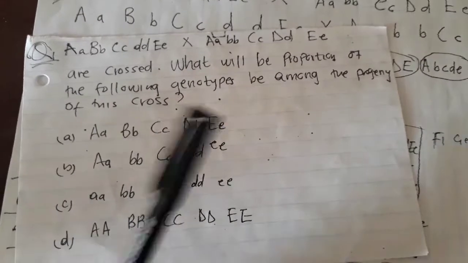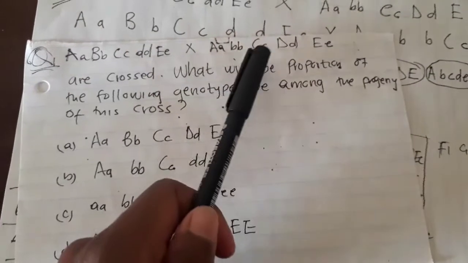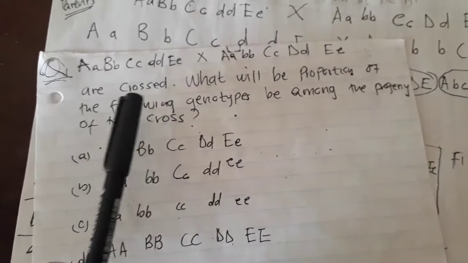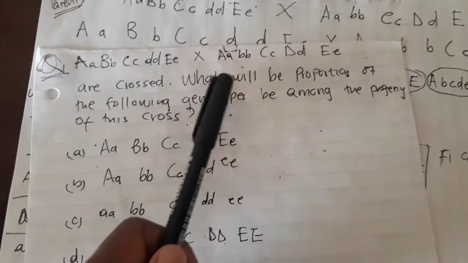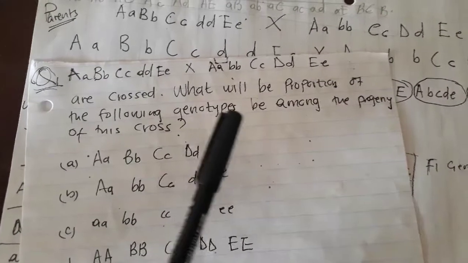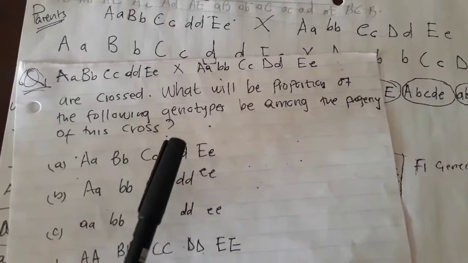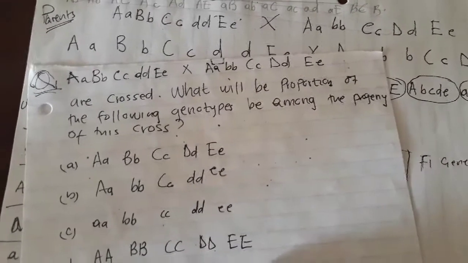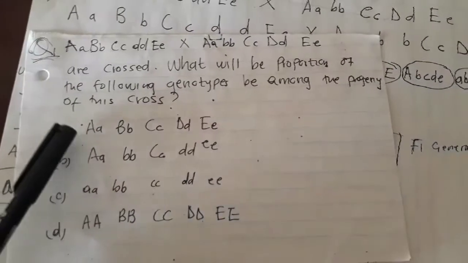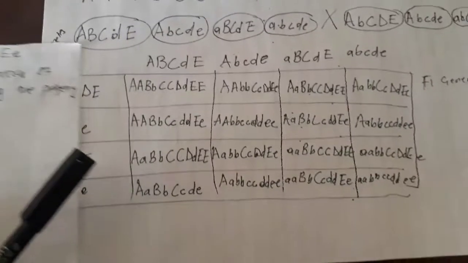So let's go back to the question. When these parents are crossed, what will be the proportion of the following genotypes among the progeny of this cross? So since we calculated the genotype of the F1 generation, we have to select which one we got from these options. So let's go back to the results that we got.